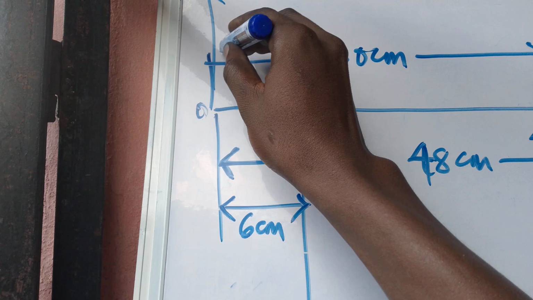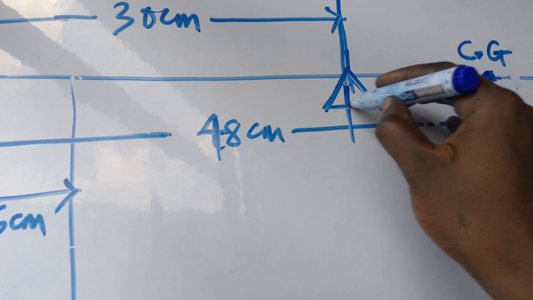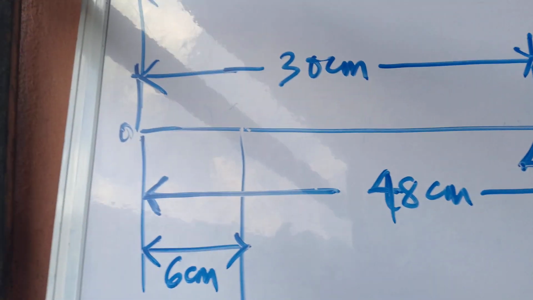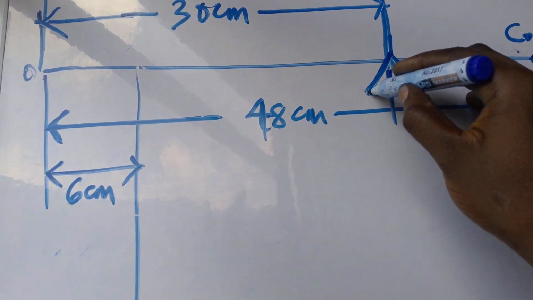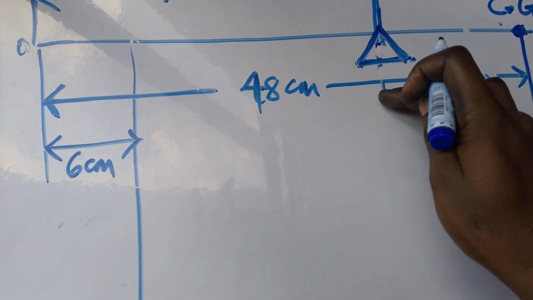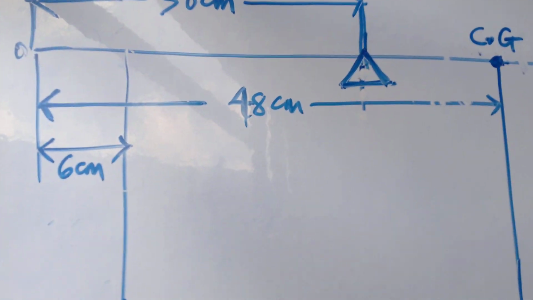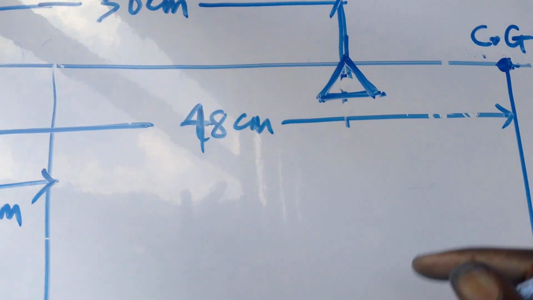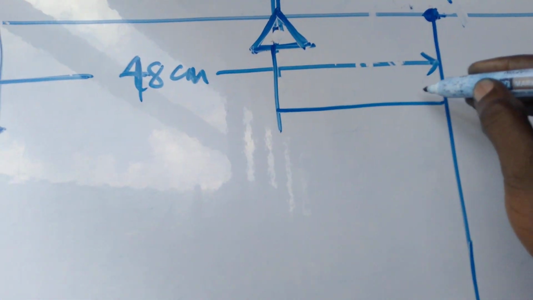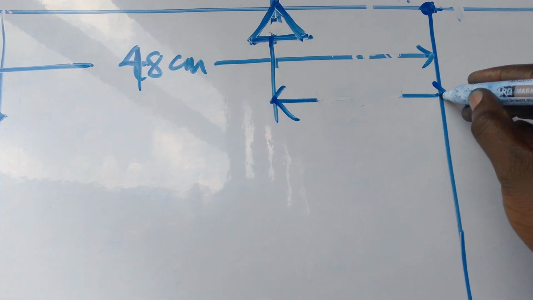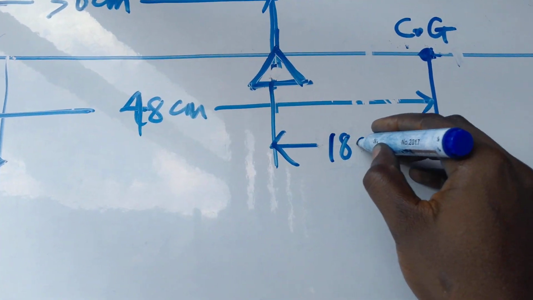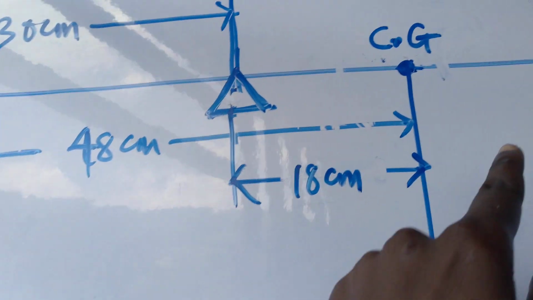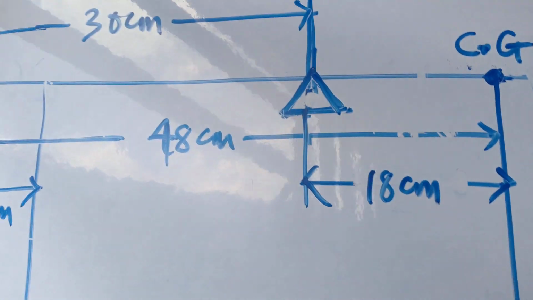From 0 to the pivot, the distance is 30 centimeter. Then the distance from here to here is 48 minus 30, that will give me 18 centimeter.